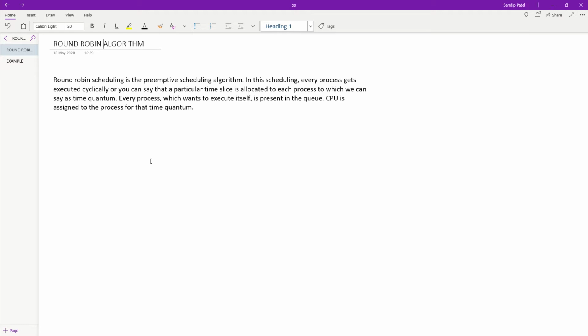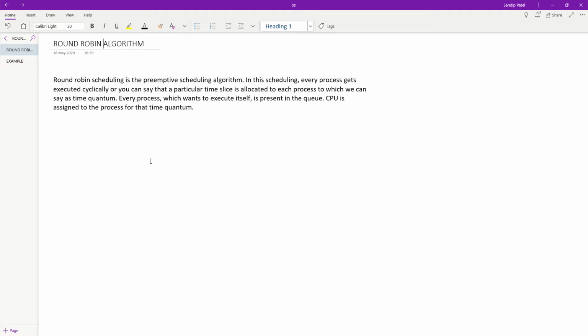The processes will be selected until the process completes its execution, and your CPU scheduler will continue until the processes available in the ready queue are done. The round robin process scheduling algorithm we will better see with an example.